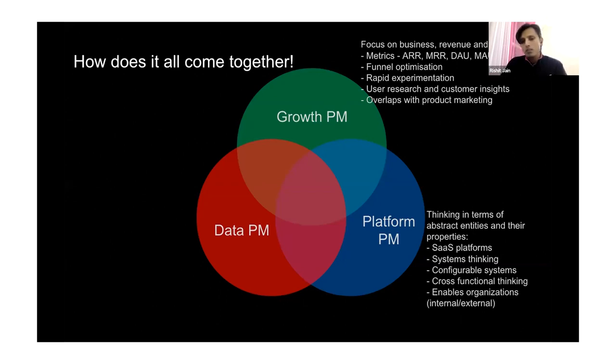However, when a platform PM thinks about the same problem, they'll think about, I have these three verticals. I have a pharmacy vertical, I have a doctor consultation vertical, I have then a diagnostics vertical. What are the different components that these verticals can require in the future, right?